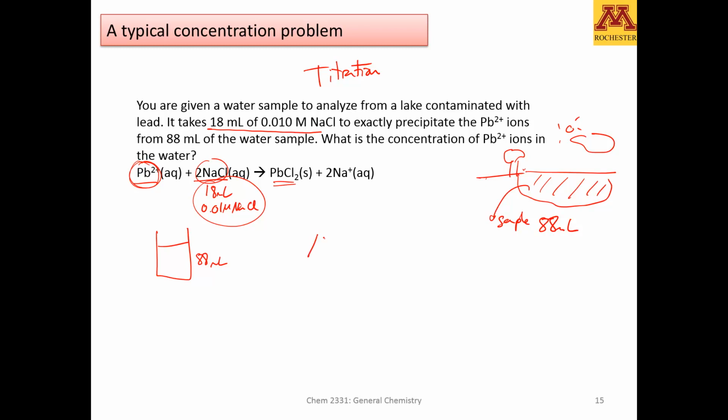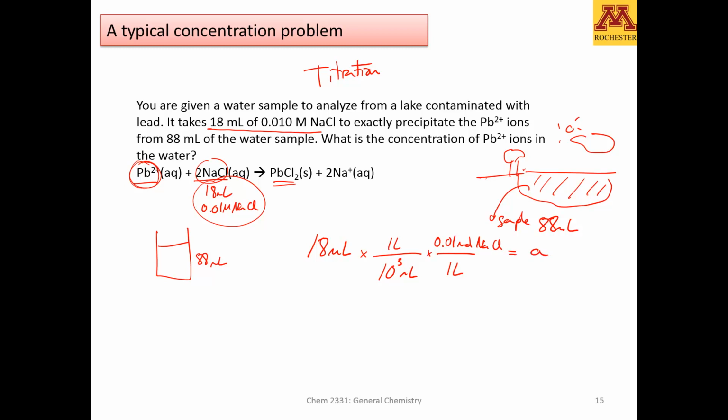We have used 18 milliliters of the solution of sodium chloride, so let's calculate how many moles that is. 18 milliliters, I know that in 1,000 milliliters there is 1 liter, and I know that in 1 liter I have 0.01 moles of sodium chloride. Now I know the moles of sodium chloride.